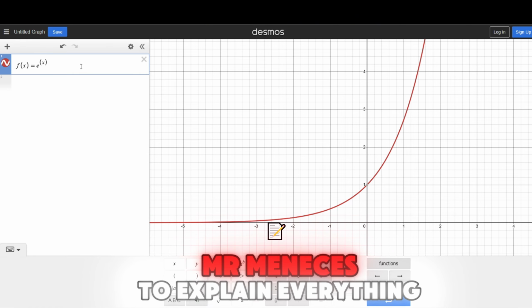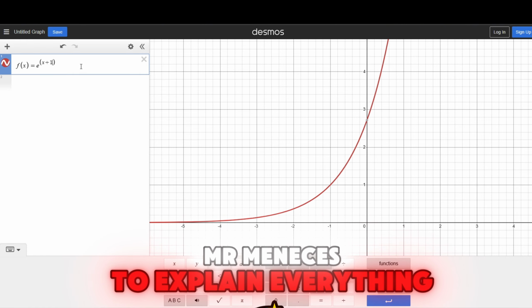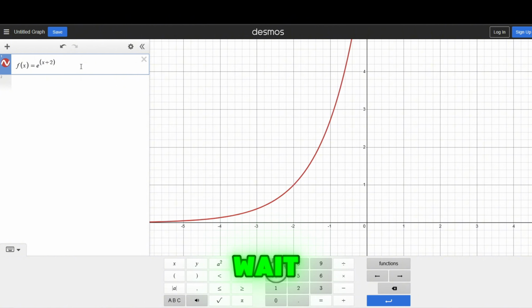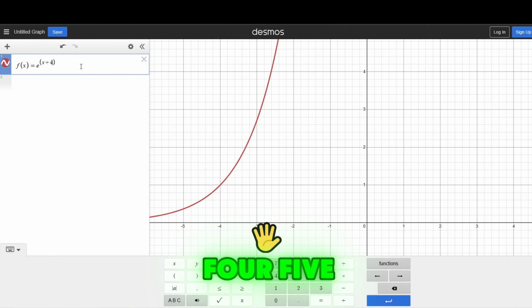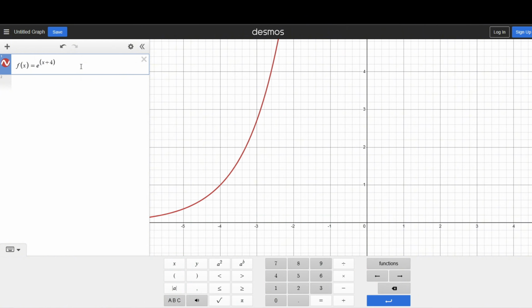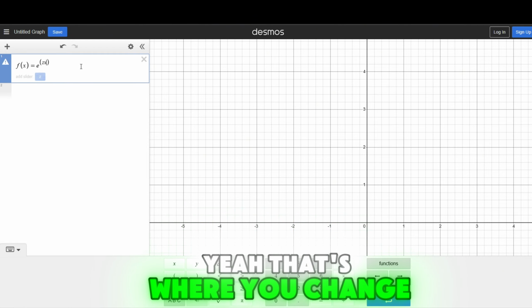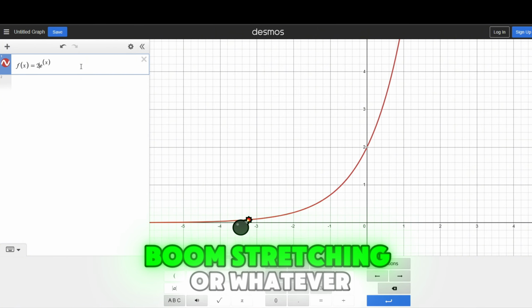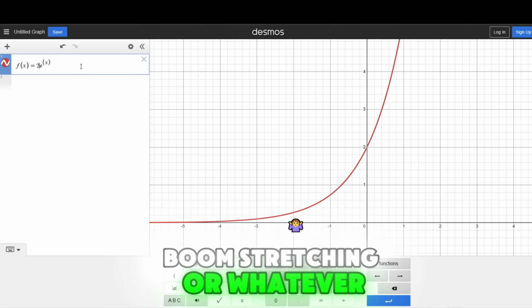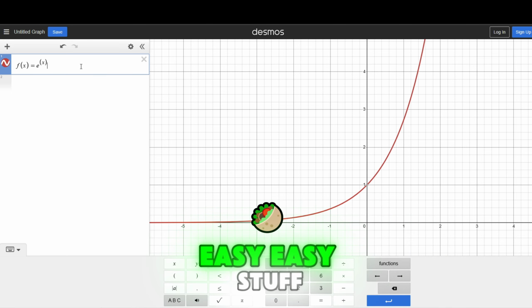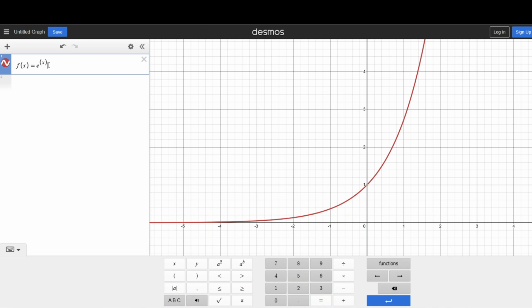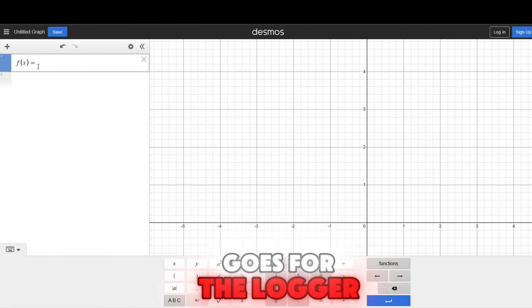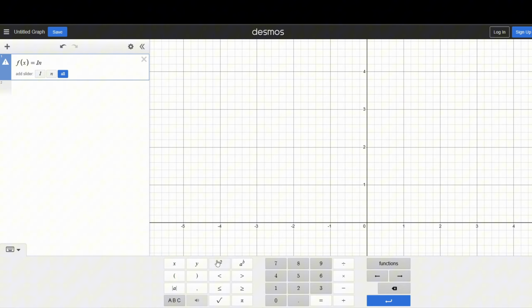That's why we have Mr. Meneses to explain everything. Wait. 4, 5, 7. Yeah, that's where you change it. Alright. And then the same goes here. Stretching or whatever. Easy stuff. And then the same goes for the logarithmic function inverse.